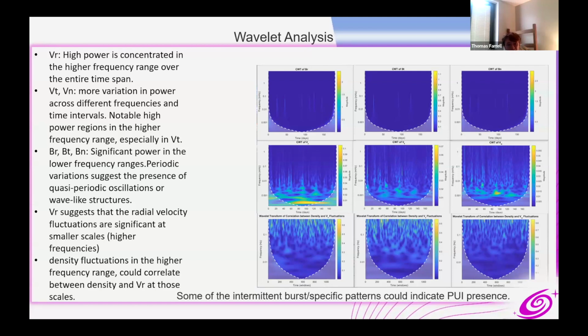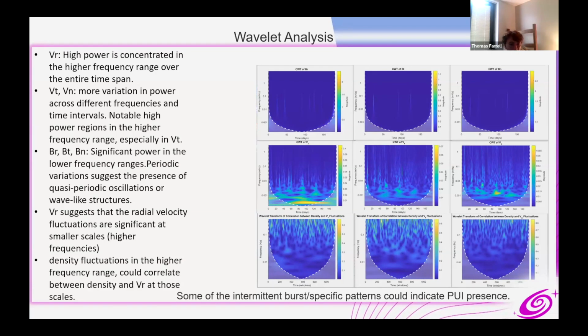There's a high range of power over higher frequencies per velocity, and more variation across a lot of the other velocities. And there's a lot of streaks in the B magnitude values, which I think could be indicative of some wave or interrupting structures.